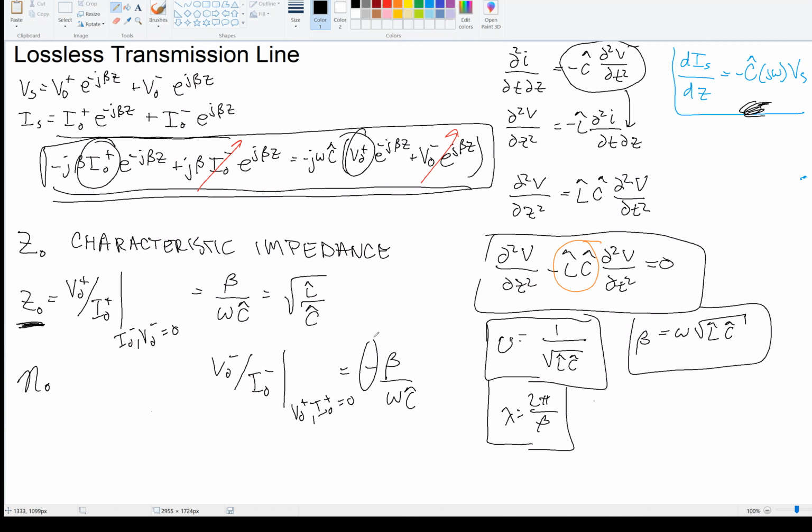The negative just means that we're talking about the wave traveling to the left. So really you get the same magnitude. It doesn't matter if you look at the positively or the negatively traveling waves, you get the same magnitude. And so the characteristic impedance we just use as the positive one. So the characteristic impedance will always be positive.